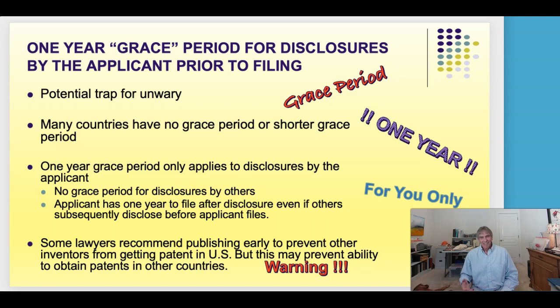So in that light, 1 year may seem rather generous and liberal. Also, keep this in mind when we consider strategies for obtaining patents overseas. Because if you sell or demonstrate your product before filing, you may be okay in the United States, but destroy opportunities for protection in other important regions.